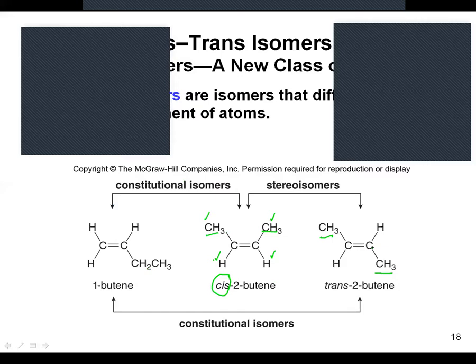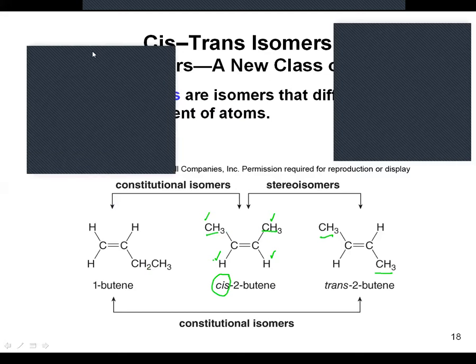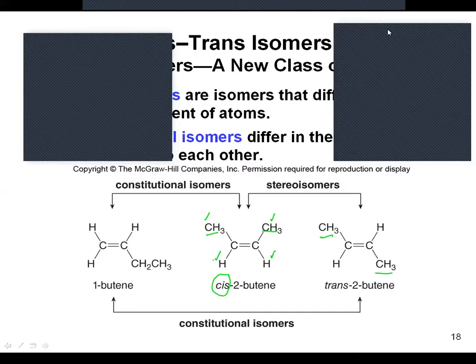So constitutional isomers are essentially the same. Stereoisomers are guys that have different three-dimensional arrangement, and constitutional isomers have a different connection that occurs. So they have different ways that the atoms are bonded to each other.